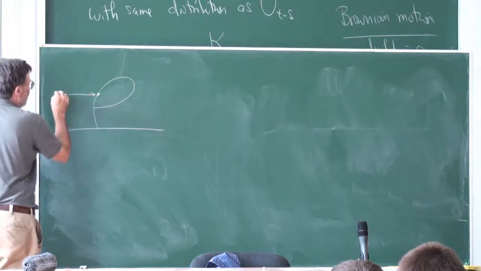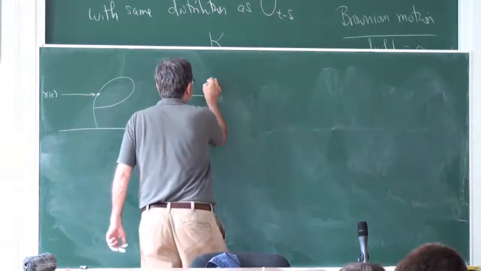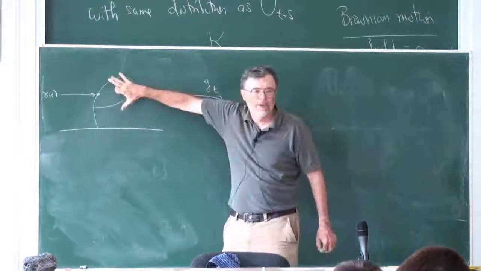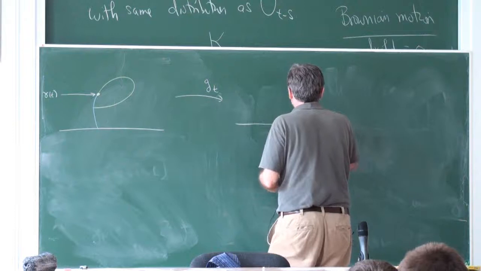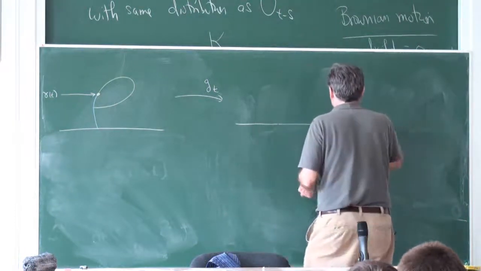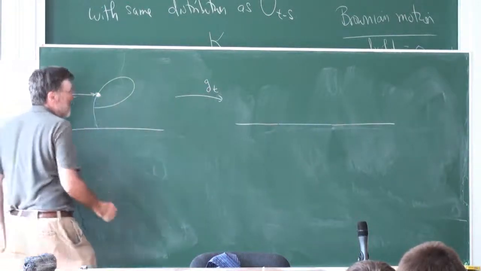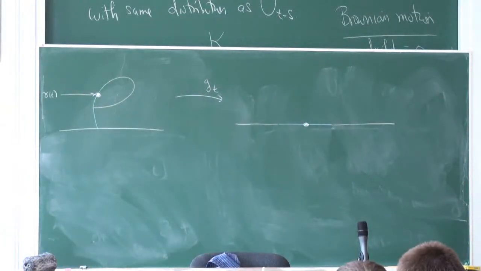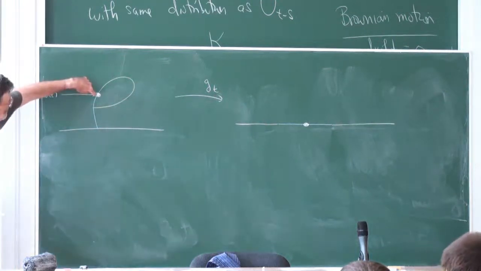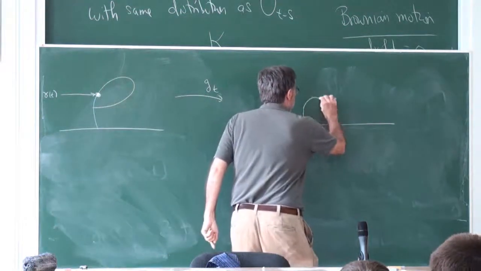Let's look at this time right here, and let's look at G sub t. So G sub t is just removing the blue part, so the green hasn't been seen yet. So G sub t does this, and that point goes someplace. And then this curve, conformally mapped over there, looks kind of like that.